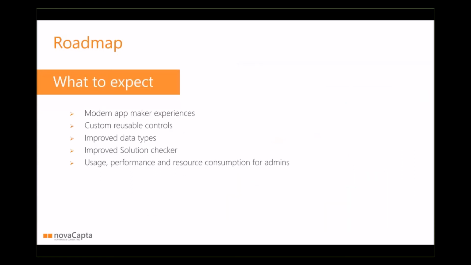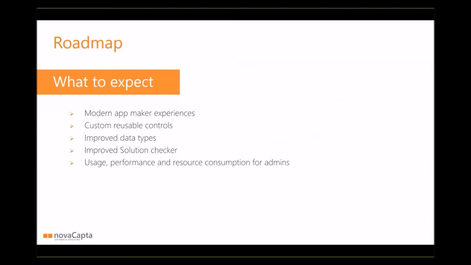Now, what you can expect in the future updates: Microsoft is working hard on the app maker experience. That means they are putting a lot of effort into updating and optimizing the web designer.